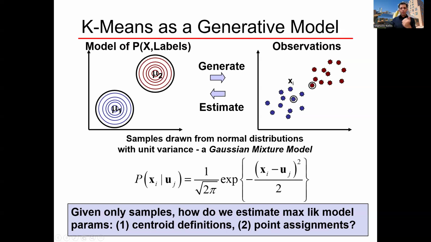Okay, so now let's think about the machine learning formulation of this nice little recipe that we saw. You have the generative model. Again, I have a model of the world and I'm sampling points from that model, as we saw earlier. So I have a model of the world where there are some red points and some blue points. I flip a coin and choose whether I'm going to sample from the red distribution.